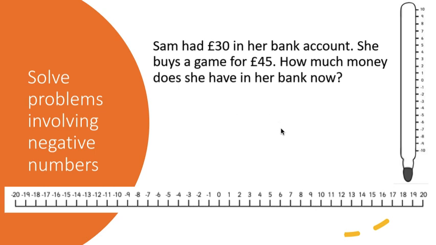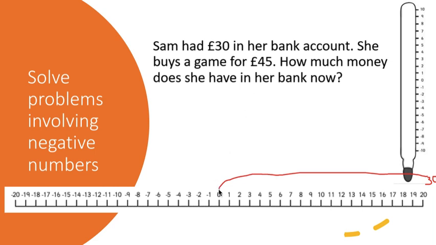Let's have a look together. So she has £30 in her bank account. It's off the scale, up this way somewhere. £30. She buys a game for £45. How much does she have in her bank account now? Well, if we take away the £30, that'll take her to 0. But she takes away £45.